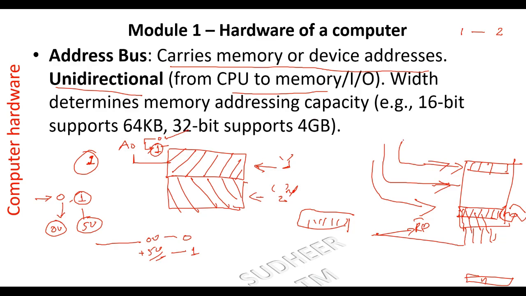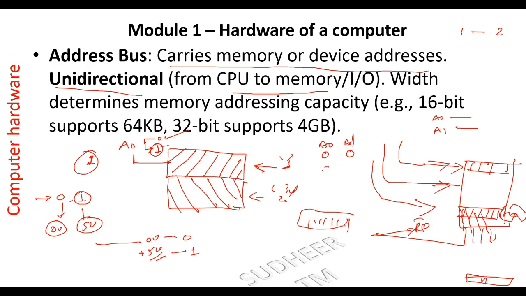Suppose we have two address lines in the address bus. I am calling them A0 and A1. With these two address lines, A0 can be at binary 0 and A1 at binary 0, both at binary 0.